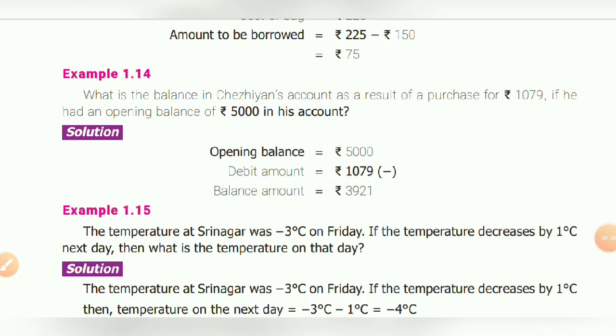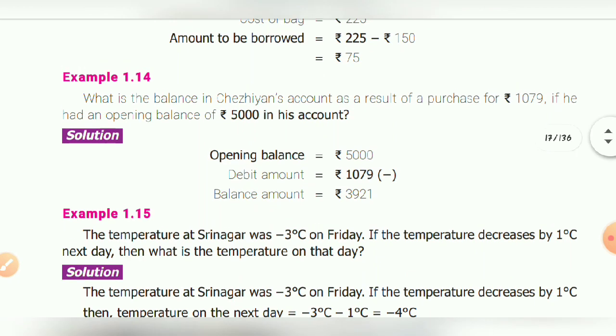Example 1.14. What is the balance in Chelian's account as a result of a purchase for rupees 1079 if he had an opening balance of rupees 5000 in his account? First, understand the question carefully. In Chelian's bank account, the opening balance is rupees 5000. He purchased something for rupees 1079, so 1079 is a debit amount from his account.